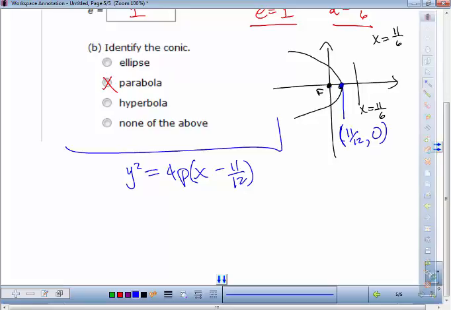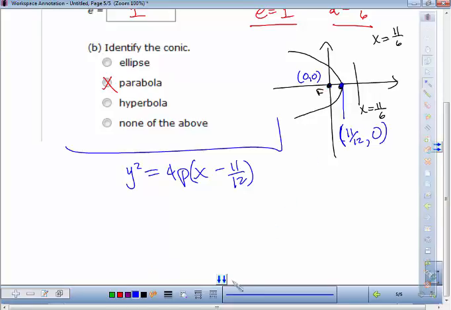The point that we have right now is 11 12. Well, that's the thing, is that our focus here is 0, 0, and so I haven't taken that shift into consideration.